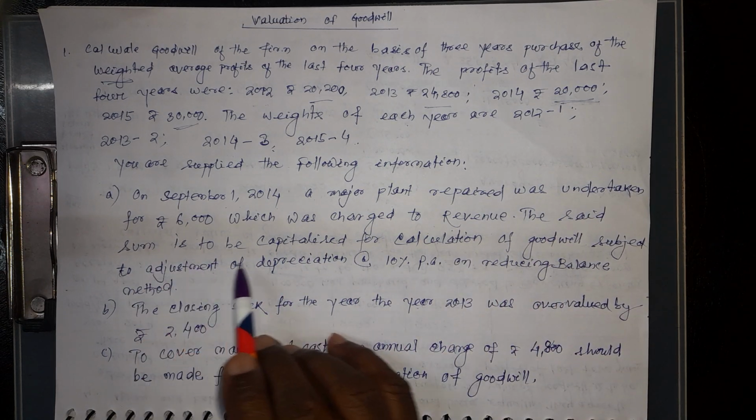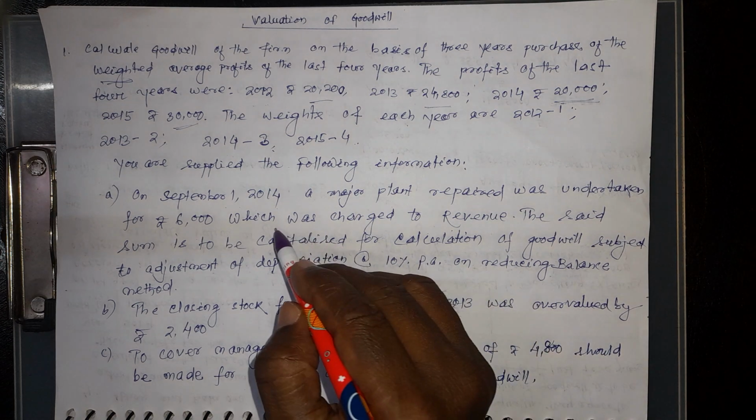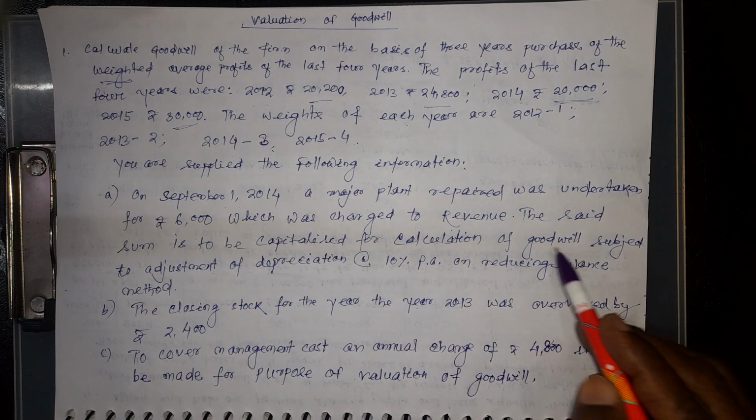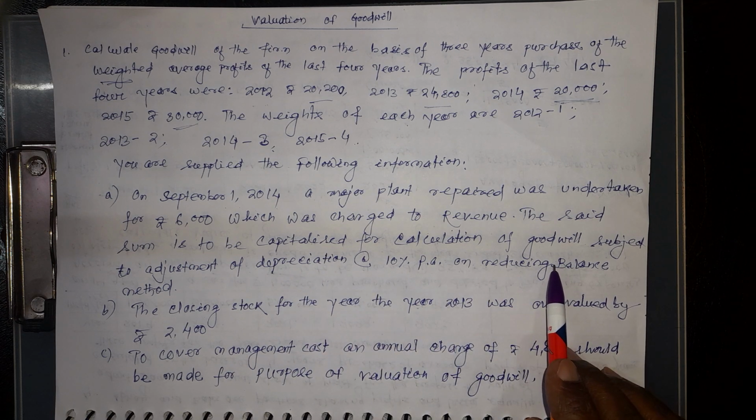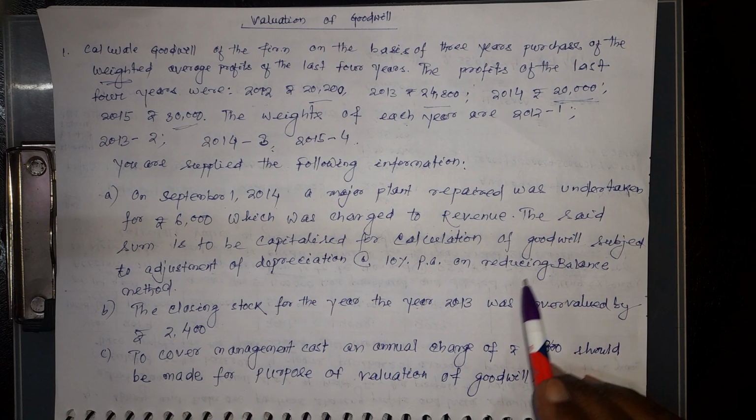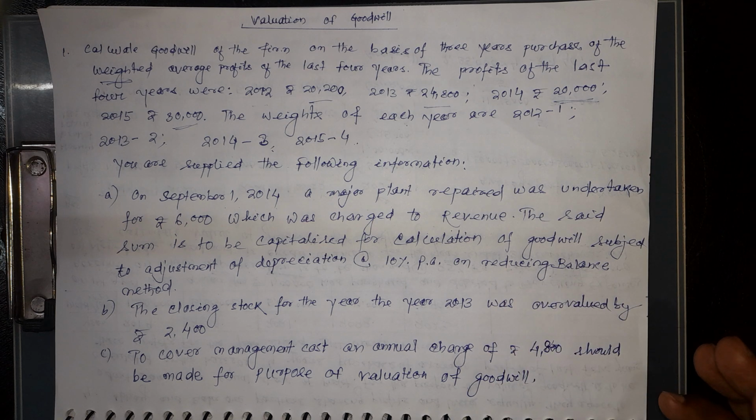The said sum is to be capitalized. It was treated as revenue. The said sum is to be capitalized for the calculation of goodwill. Now we have to treat it as capital nature for the treatment of goodwill.